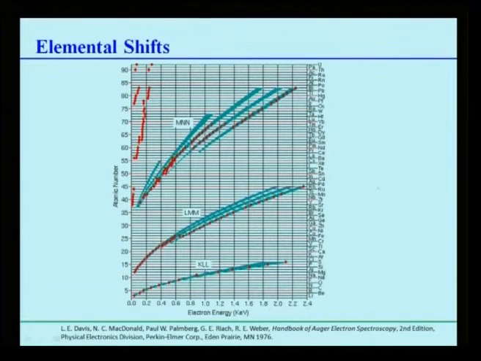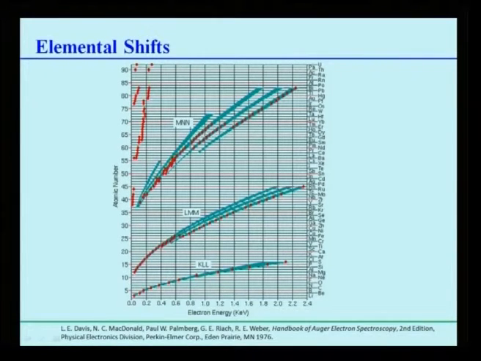Well, not only that, one can actually look at the chemical shifts in terms of the atomic number versus electron energy diagram. This one I have already shown to you. Now if you carefully look at this diagram, it shows different transitions like KLL transitions, LMM transitions, MNN transitions and higher, depending on the atomic number. Obviously if the atomic number is less than about 16, that is sulfur, you will have only KLL transitions.